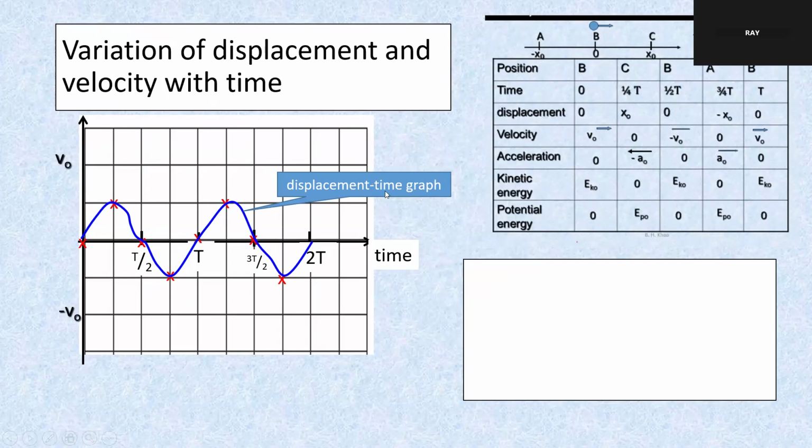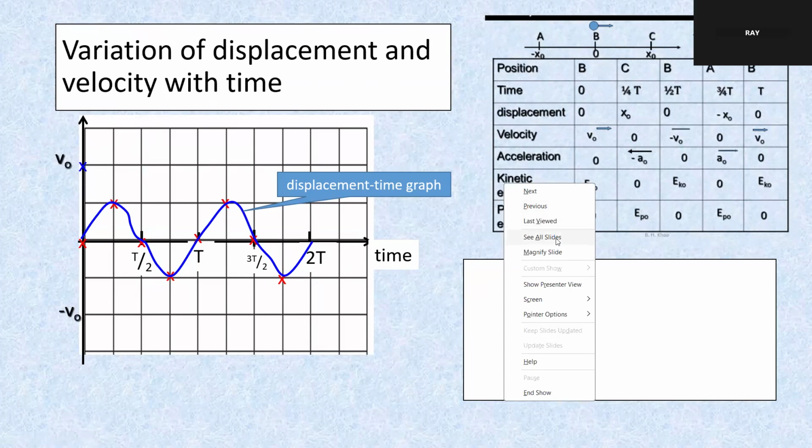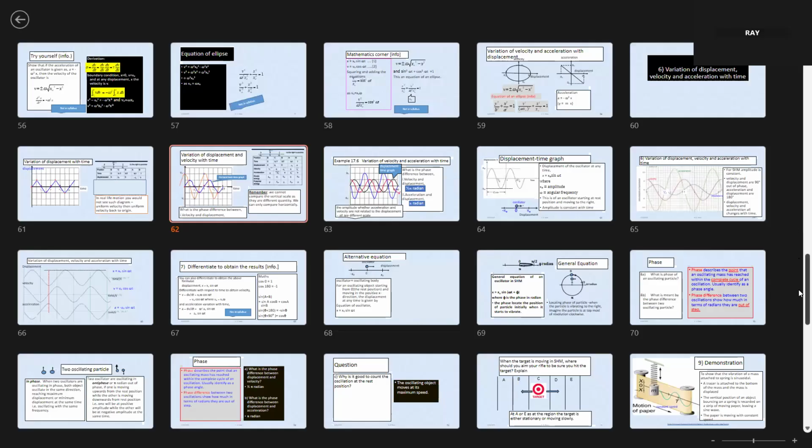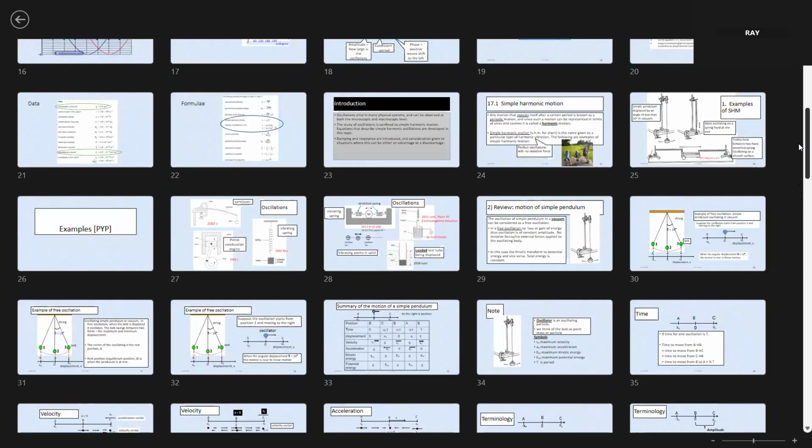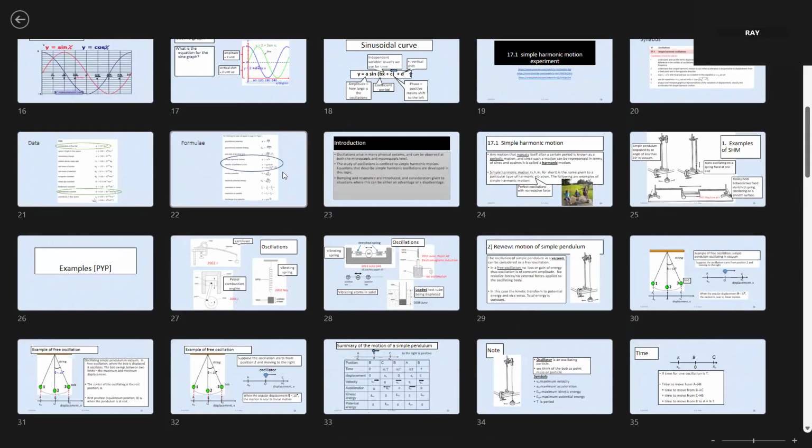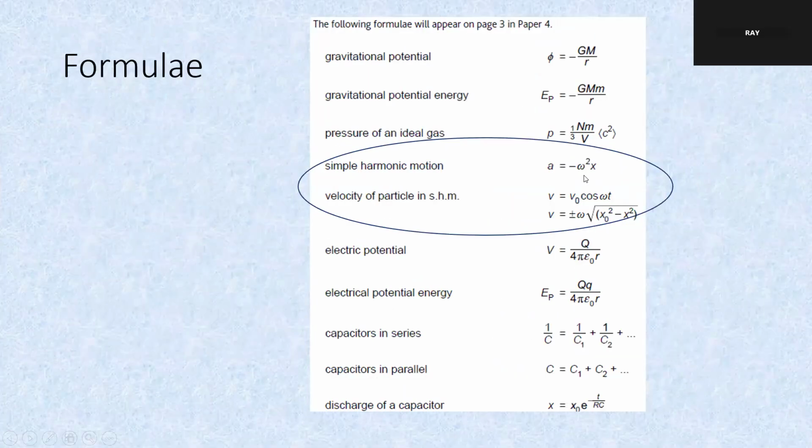Then velocity time graph, the same thing. You can either use this table or use the equation that is given in the formula sheet. Sorry, jumping around. Okay, that one there.